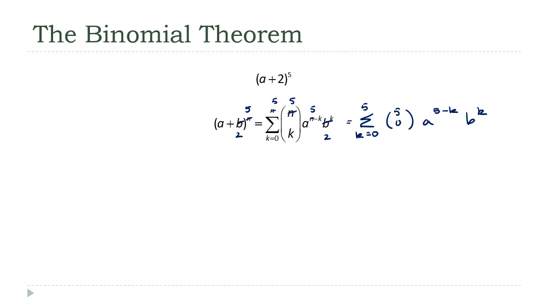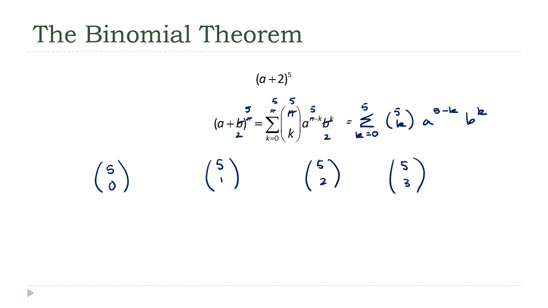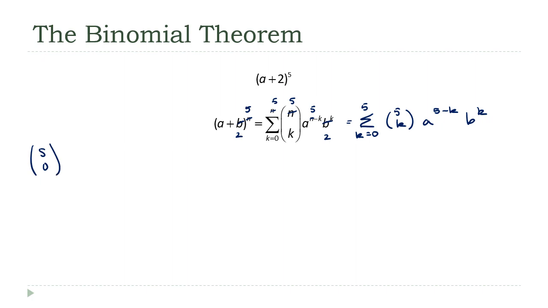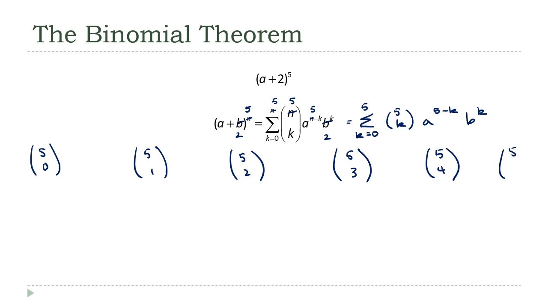So the coefficients are going to be 5 choose 0, 5 choose 1, 5 choose 2, 5 choose 3, 5 choose 4, and 5 choose 5.